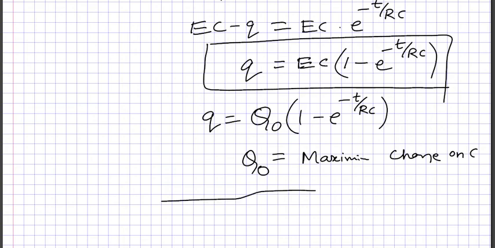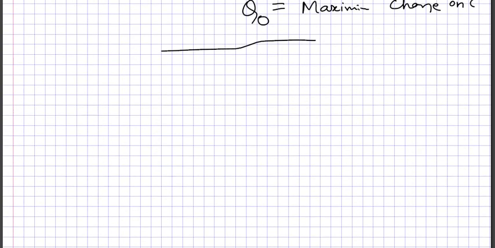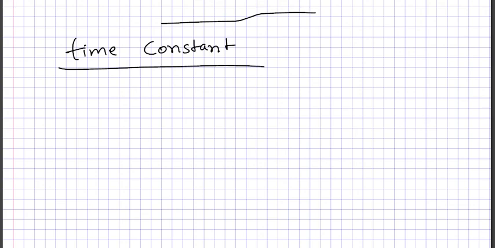So that is the derivation, and then there is just one more thing that we have to know about this, which is the time constant of a CR circuit. You can see from the equation that q is equal to q naught into (1 minus e to the power minus t by RC).